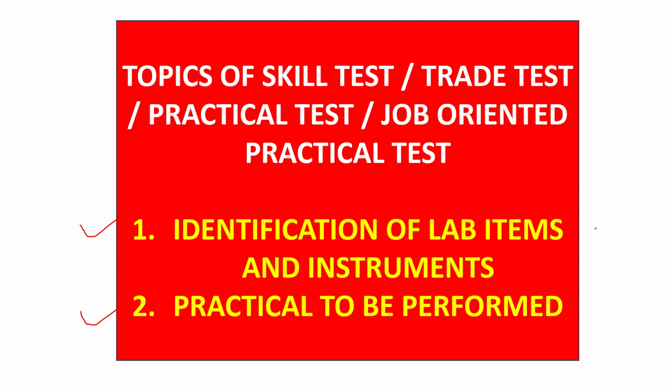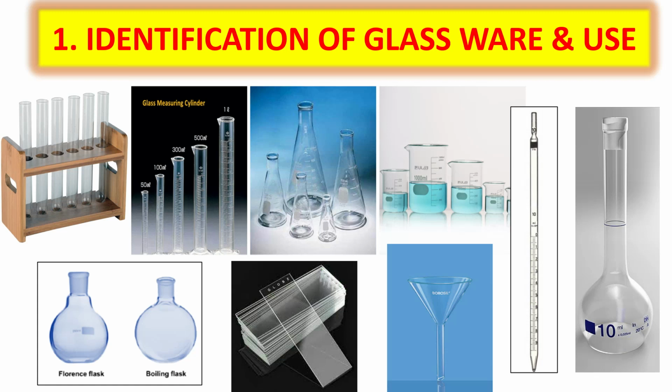At first we will discuss the identification of lab items, and then we will show some practicals which we have to perform. The first thing is the identification of glassware. They can ask you to identify specific glassware and their use in biological labs. The first is the test tube.